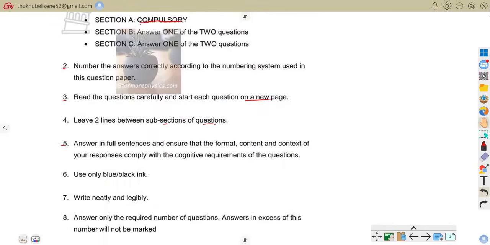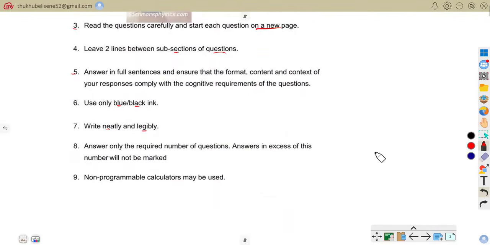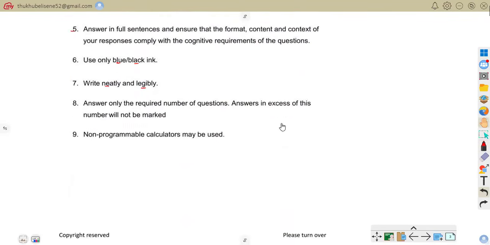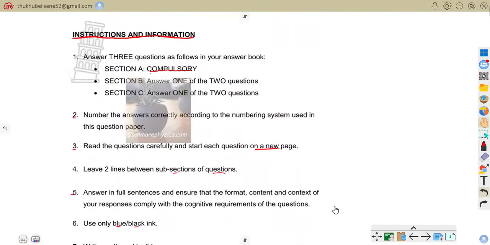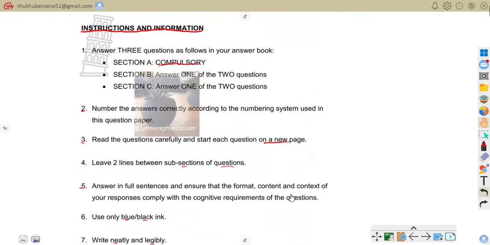Instruction number 6, use only blue or black ink. Instruction number 7, write neatly and legibly. Instruction number 8, answer only the required number of questions. Answers in excess of this number will not be marked. Instruction number 9, non-programmable calculators may be used. So please go through the instructions. Don't ever ignore them. Make sure that you go through the instructions before you attend to any questions. Instructions are very, very important.